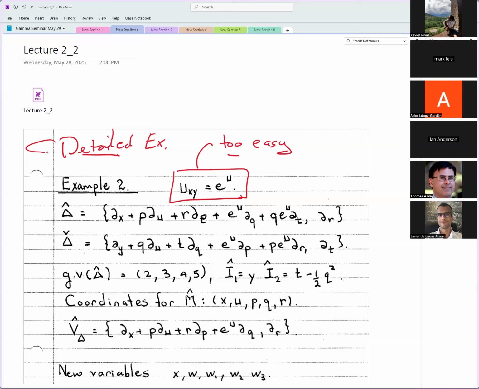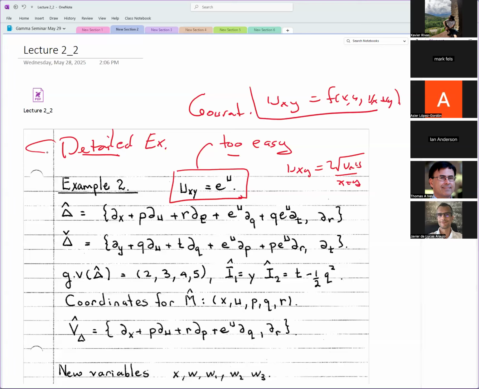So there's this equation, u_xy equals square root of 2 u_x u_y over x plus y. It has a historical note. Goursat wrote a paper classifying all Darboux integrable equations at order 2.